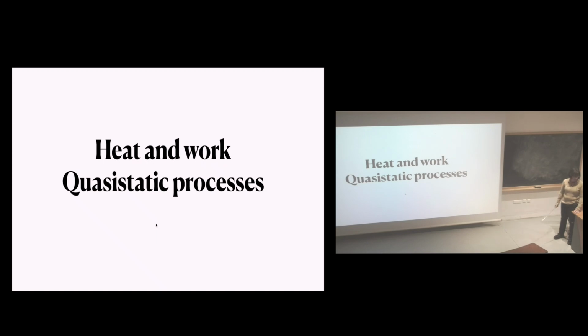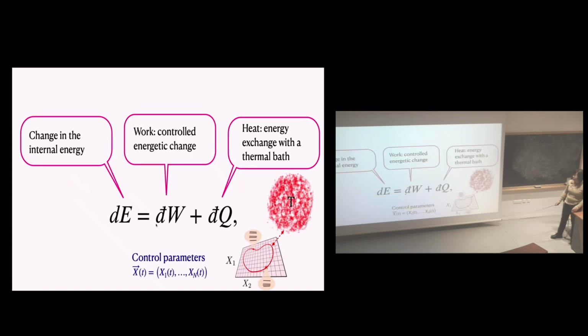We already spoke in the last lecture about the first law. This is precisely the way we presented it: we have a system which contains some internal energy, and it's in contact with a thermal bath, and at the same time is operated with some control parameters which operate in time.